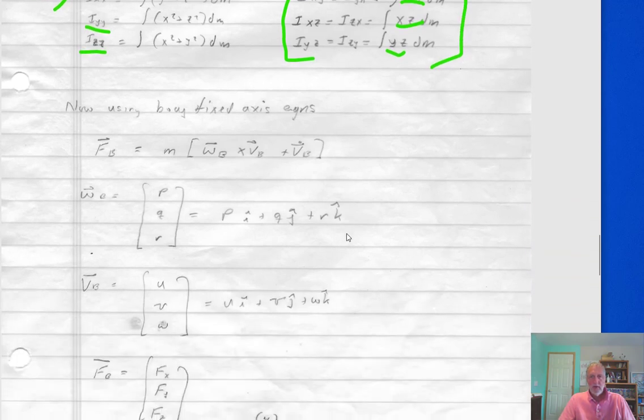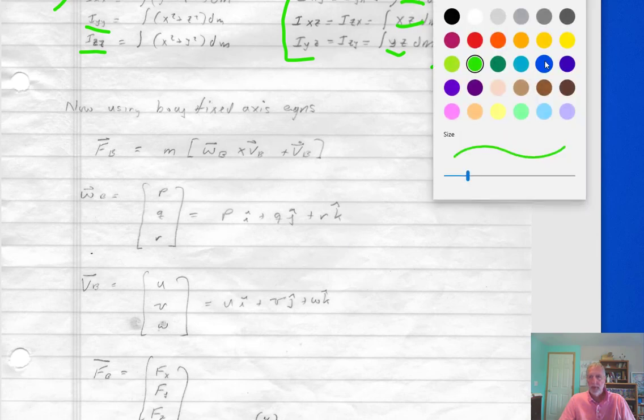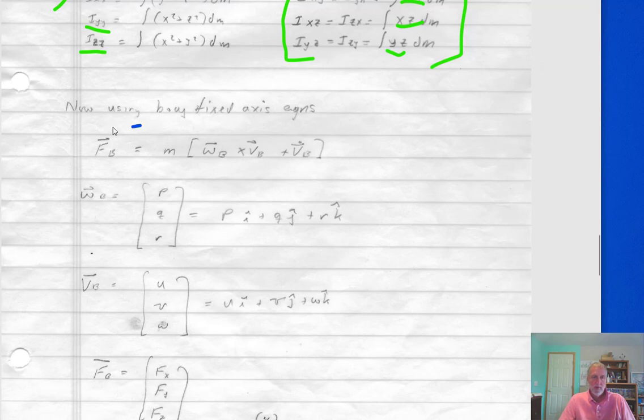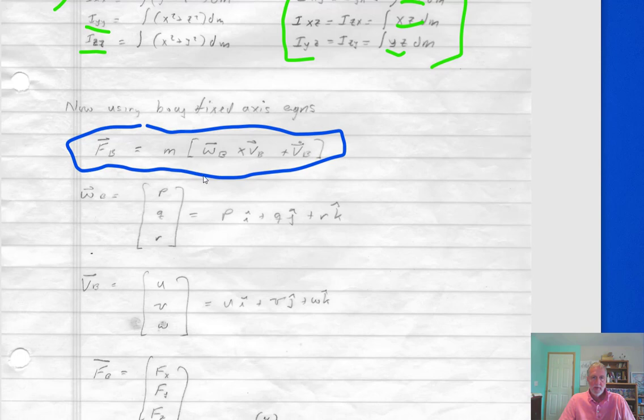All right, so now using the body fixed axis system, we're going to do the force equation. So we're going to substitute in for omega, substitute in for velocity, and get the terms down here.